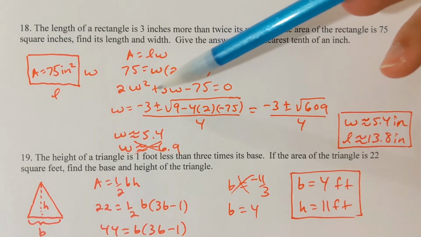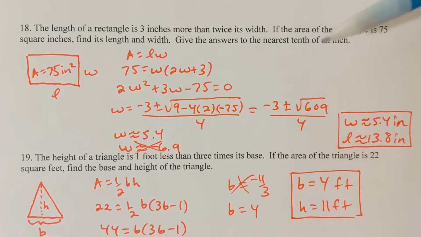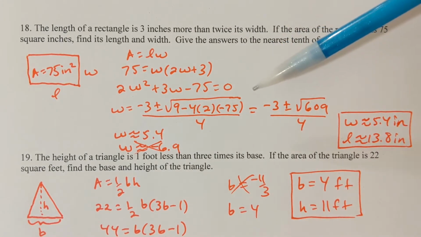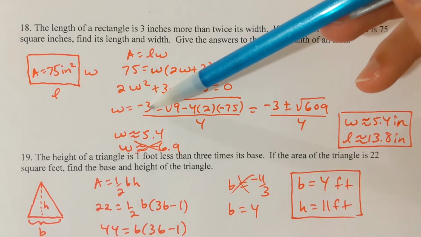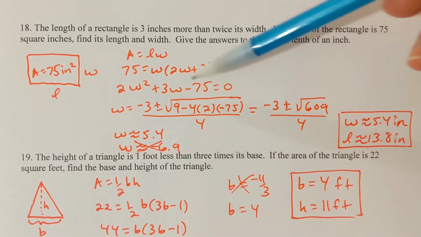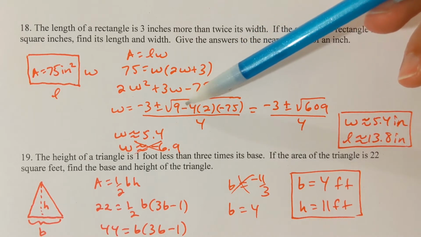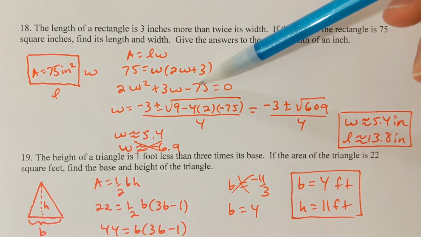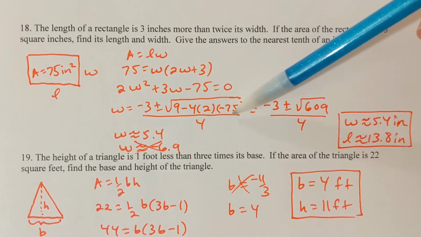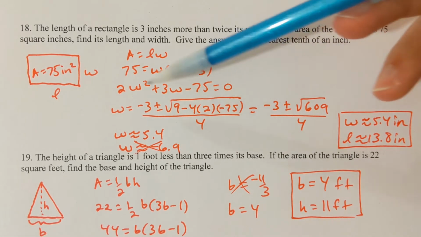Okay, this equation is not going to factor nicely, so we would want to use the quadratic formula next. We want the opposite of b, that's negative 3, plus or minus the square root of b squared. 3 squared is 9, minus 4 times a, which is 2, times c, which is negative 75, and this is all over 2a, 2 times 2 is 4.